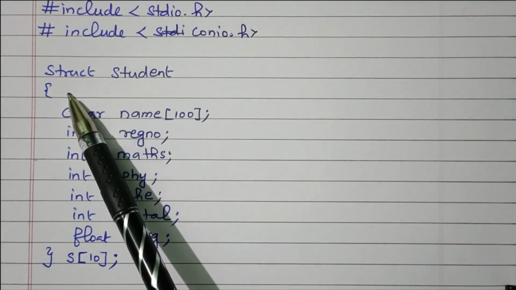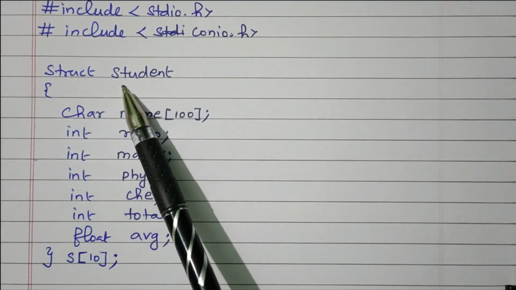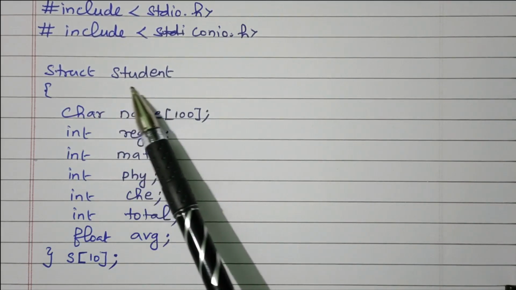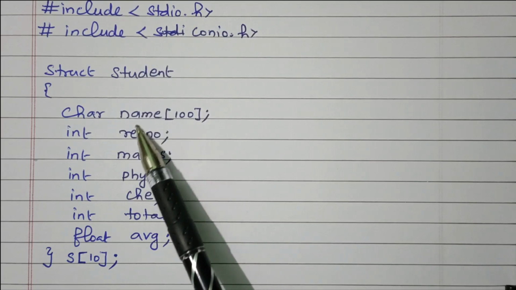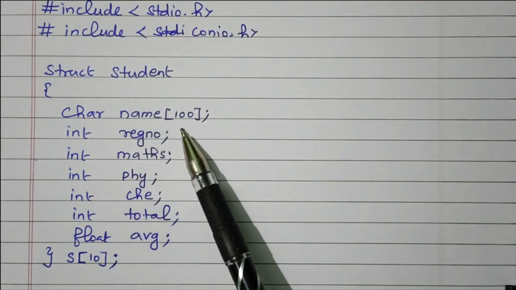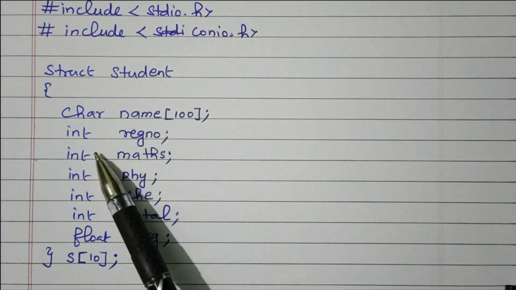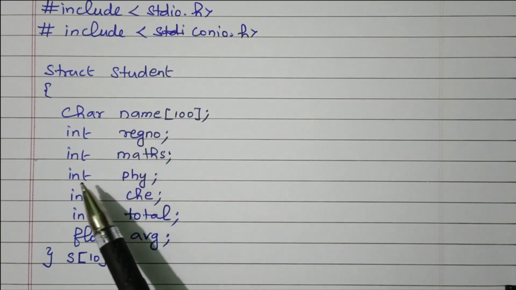struct is a keyword for creating the structure. Student is the structure name. Now we can have different type of data. Character name[100]. So this is nothing but name of the student with 100 characters. Integer register number.